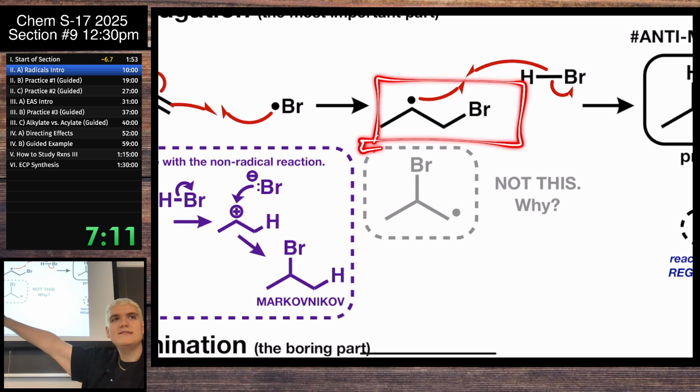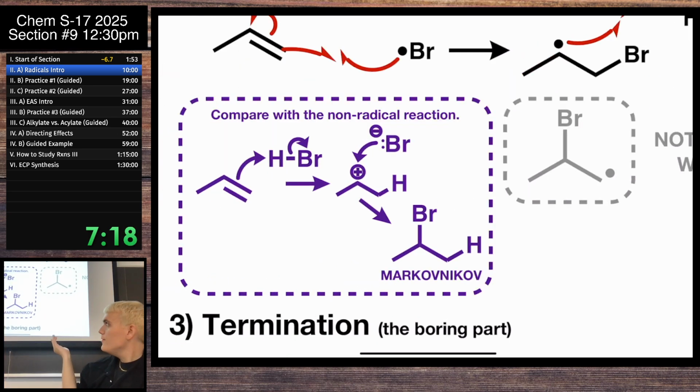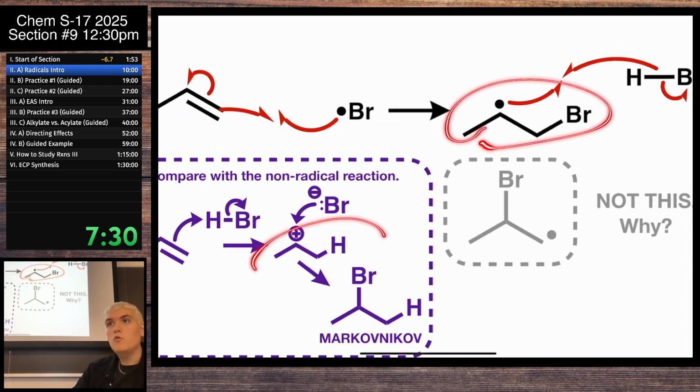But let's compare this to the first step if we didn't have radicals, if we just did our normal HBr reaction. So in our normal HBr reaction, the first step, we're grabbing a hydrogen. And then we put the hydrogen over here and we make the more stable carbocation, right? So in both versions, the priority is making the more stable intermediate with the radical or carbocation being in the exact same place.